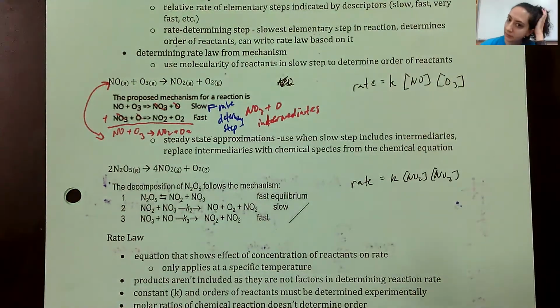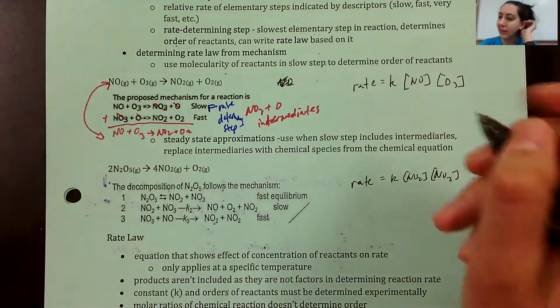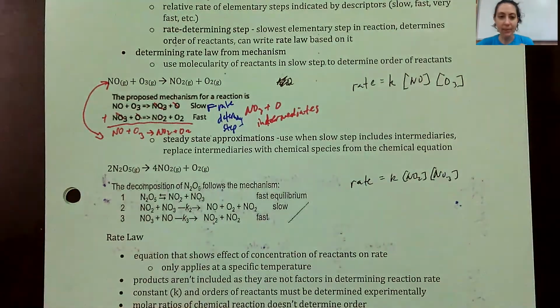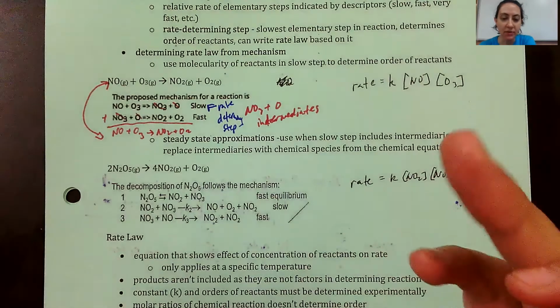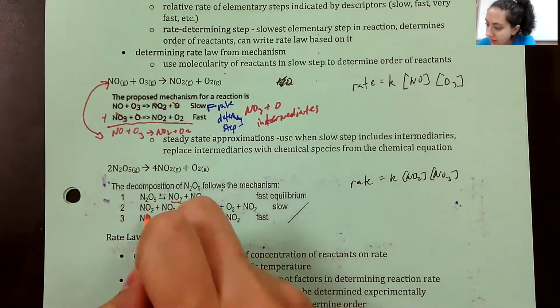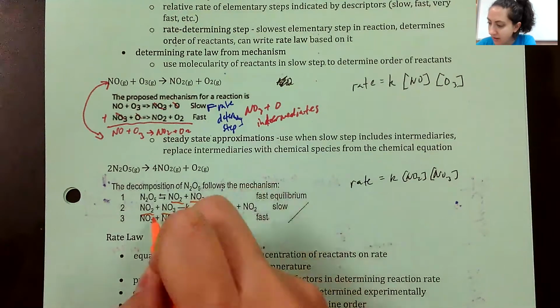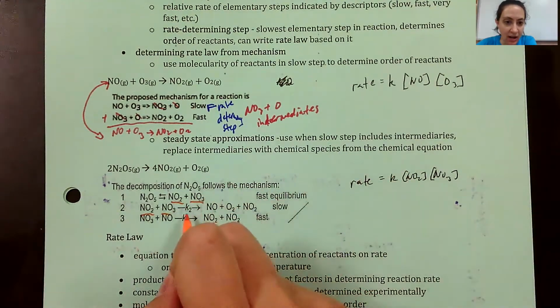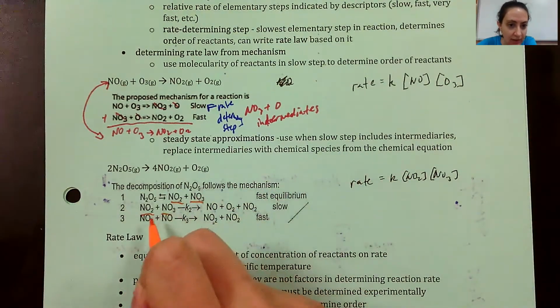This is a problem though, because these are intermediaries, right? So if we look back at the reaction, they're not part of the final answer. NO2 and NO3 are intermediaries because they cancel out there. NO3, NO3.